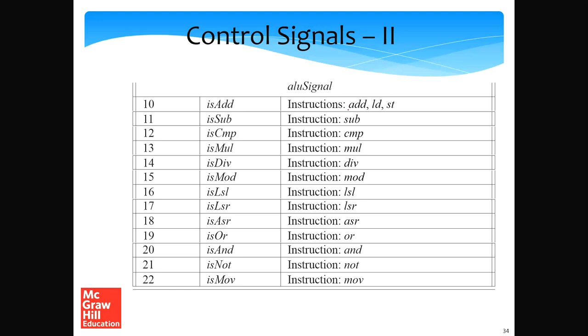That holds true for the add instruction as well as the load and store instructions, because it's necessary to add the offset to the contents of the base register. Then we have the sub instruction: subtract, compare instruction, multiply, divide, modulo, the three shifts, or, and, not, and move. So whenever the instruction is any one of them, we generate an appropriate signal.